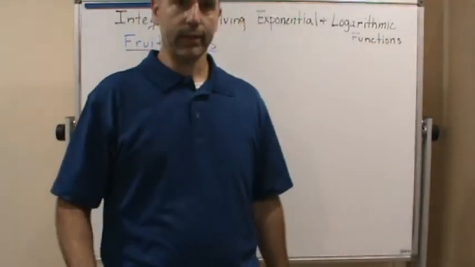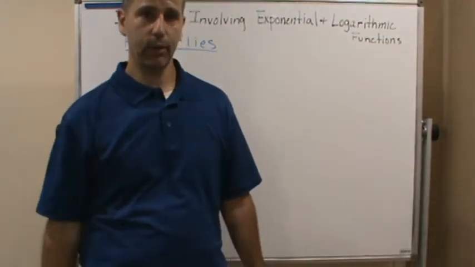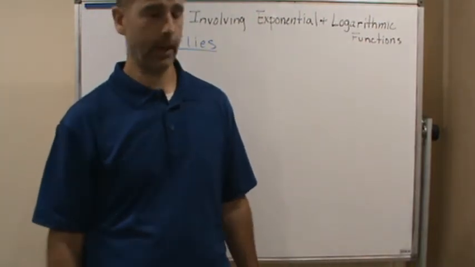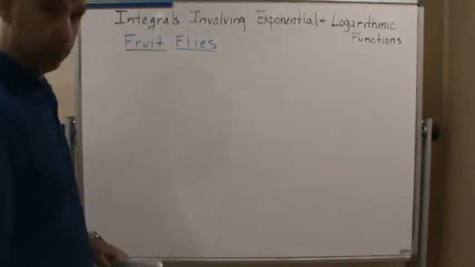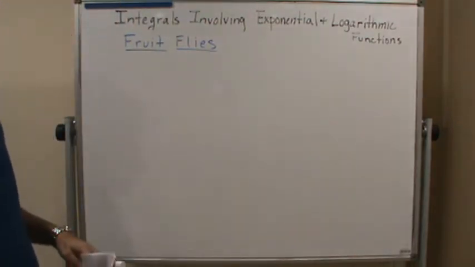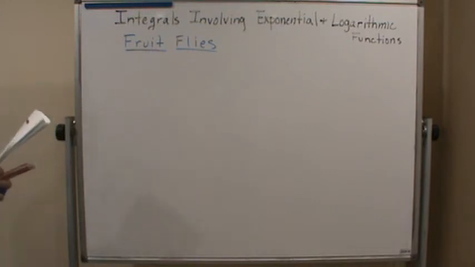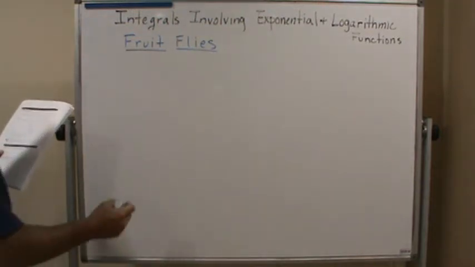Okay, today we're going to do another example of population growth, and this time we're going to talk about fruit flies. I'm going to read the problem, so take notes, pause, whatever you have to do. Suppose a population of fruit flies increases at a rate of g of t.